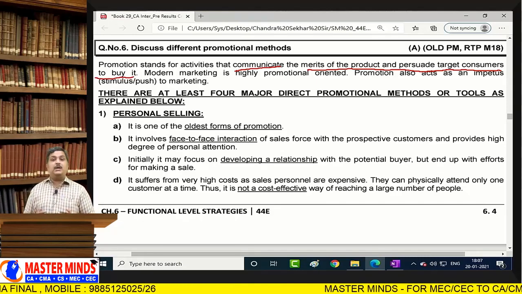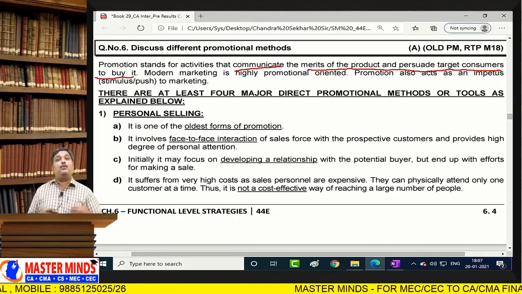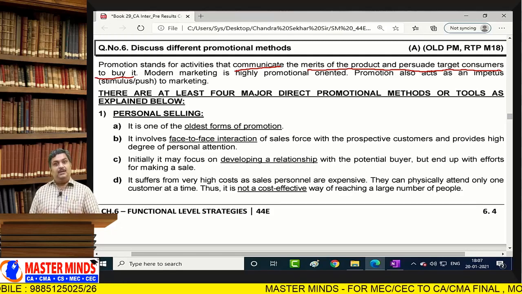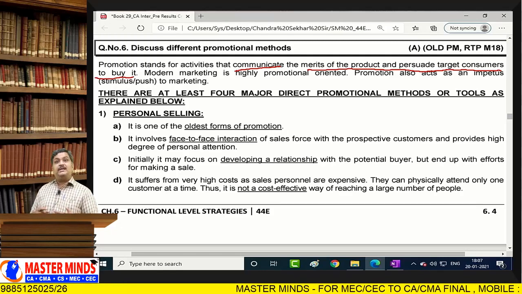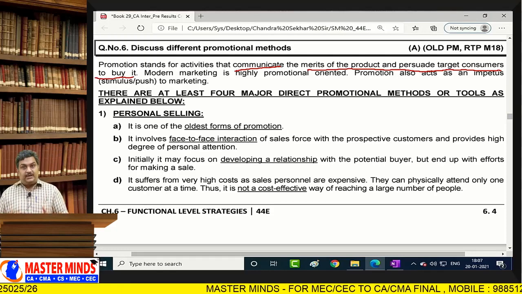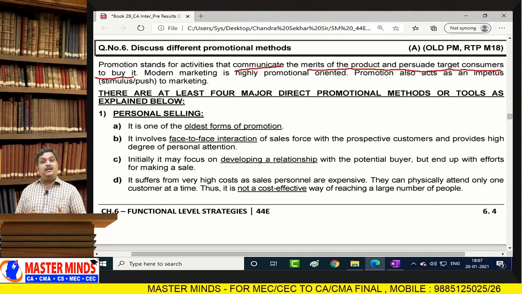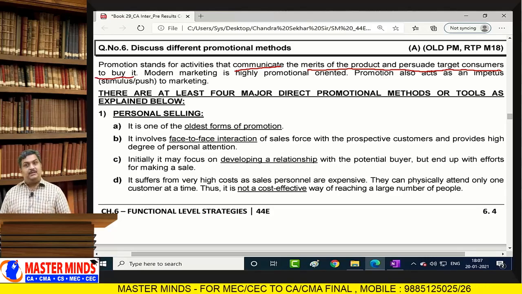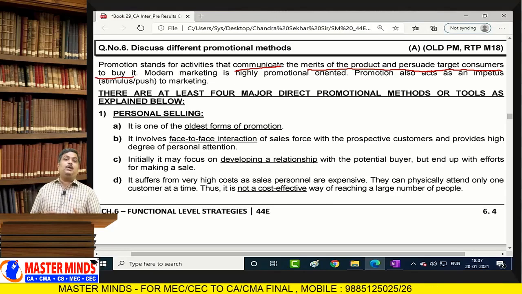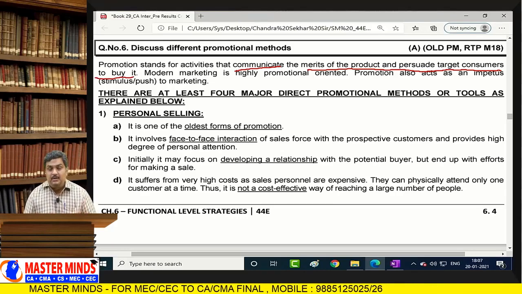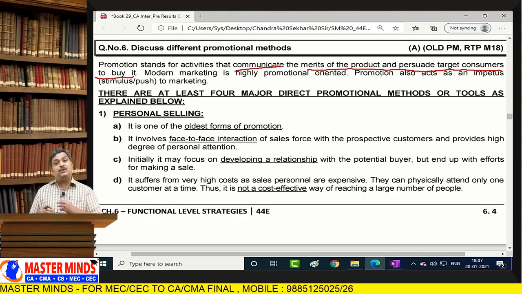Another important word is persuade. It is not provocation, it is persuasion. Persuasion means convincing with good logic, to understand the importance and features of your product and make a purchase. That is called persuasion.